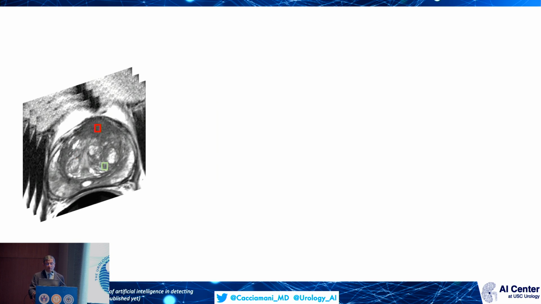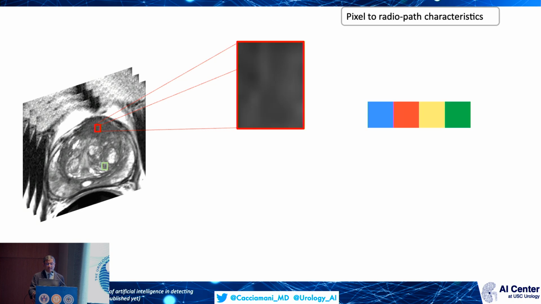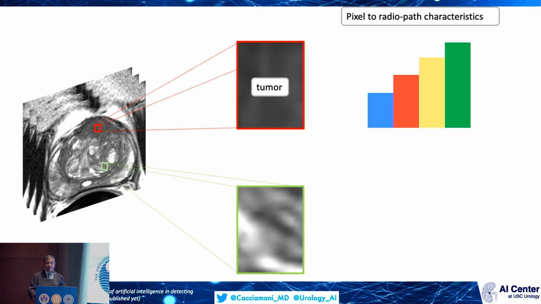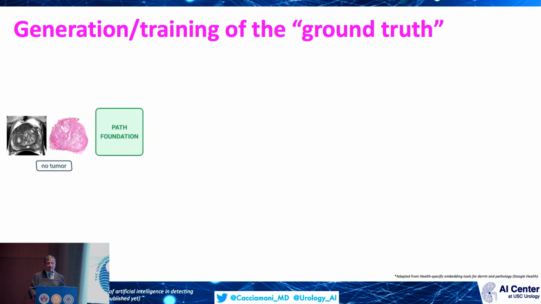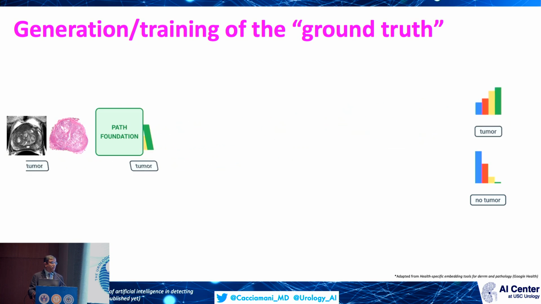So if you do these things in multiple areas, and if somebody sits there and looks at various characteristics and inputs it, then you can get a series of these patient data. You keep getting tumor, no tumor, what tumor, and then you start training this ground truth and then checking it with a pathologist, and that's your training part.